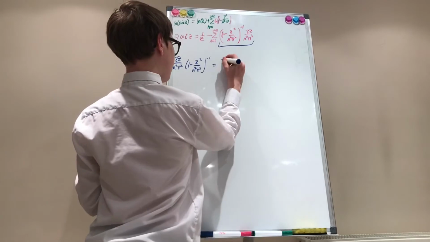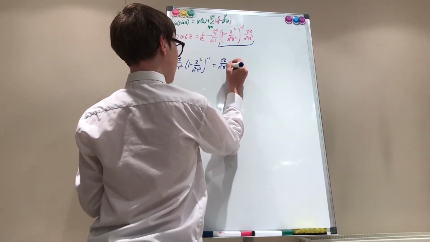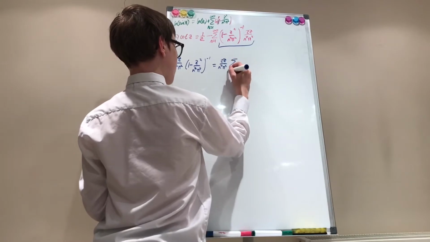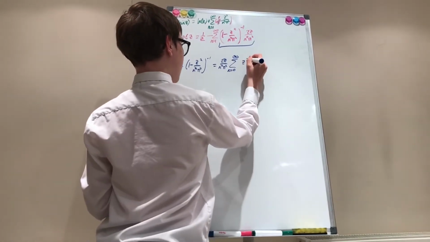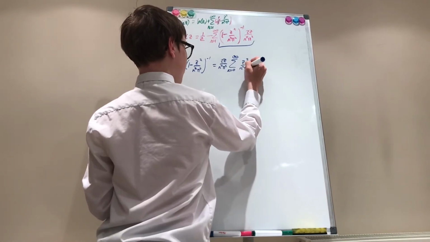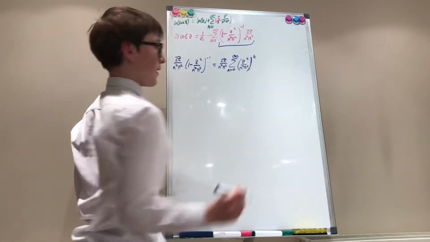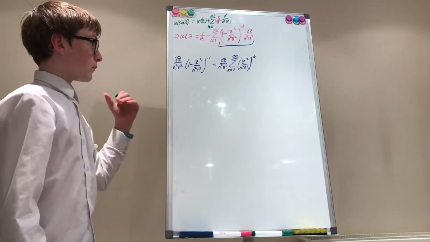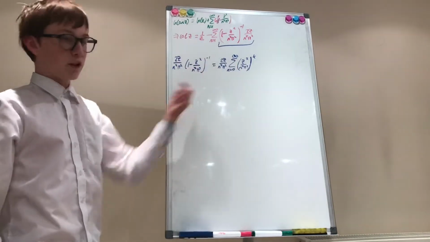So this equals 2z over n squared pi squared, okay, times the sum from k equals 0 to infinity of z squared over n squared pi squared to the power of k. Now we can do better by distributing this in and shifting the index.